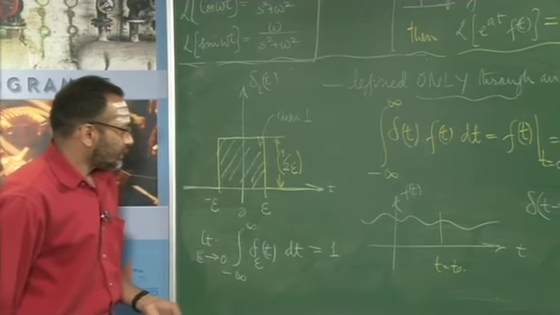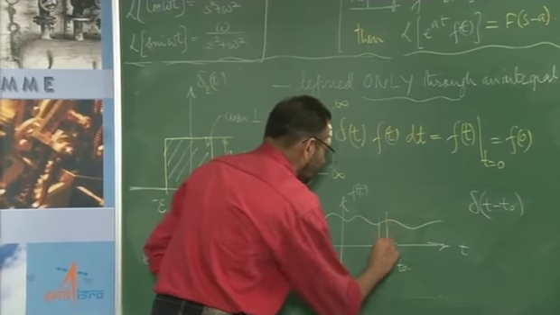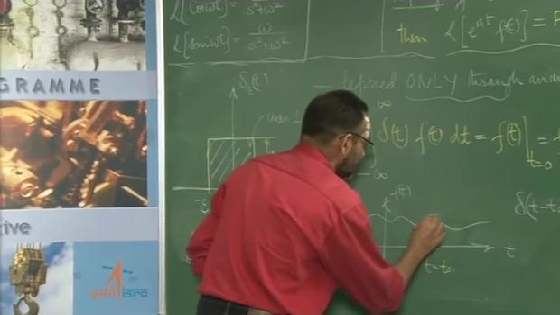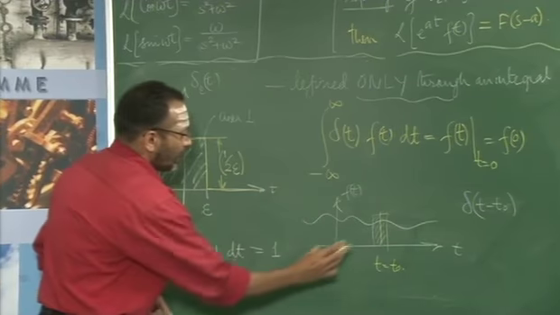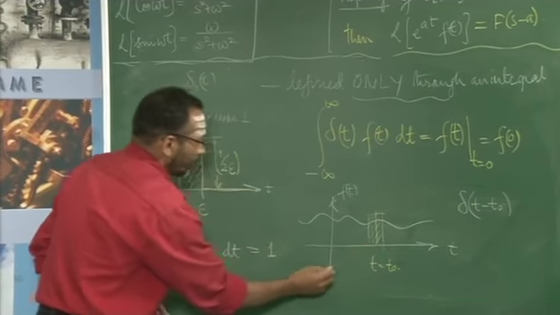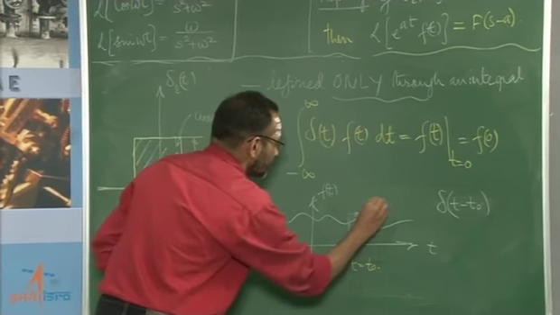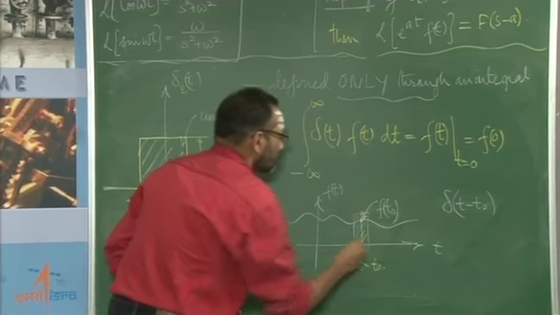Now, what happens is, if I shrink this rectangle, and if I ask what is the area that I am going to get when I shrink this rectangle, now this is the area that I am going to get. I will shrink this rectangle more and more. The contribution of this rectangle becomes 1, whereas it will pick up the value of the function at this point. So, this is f of t naught.